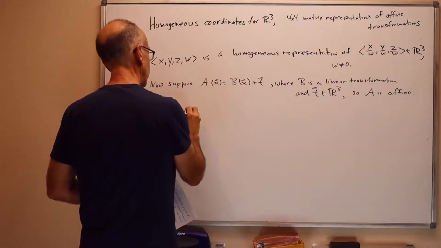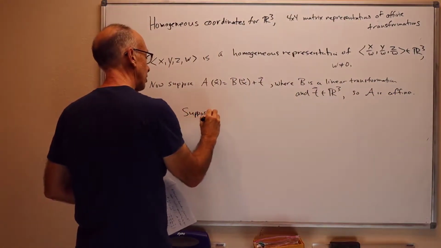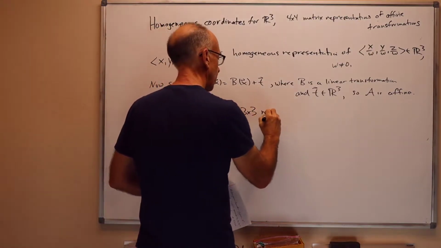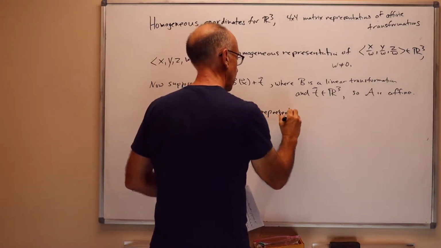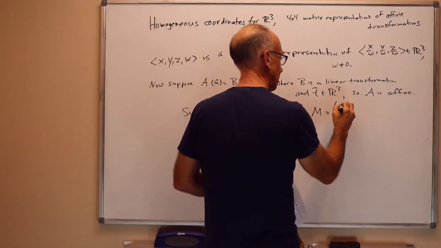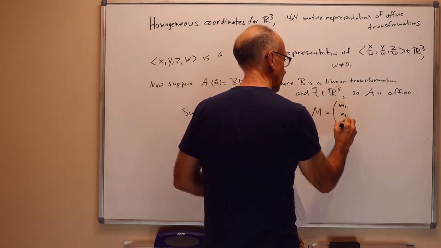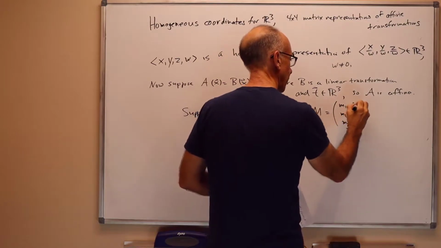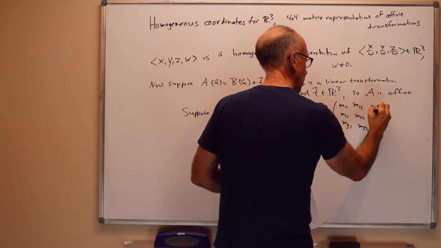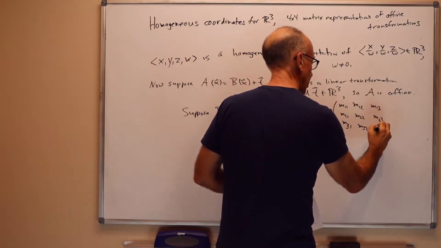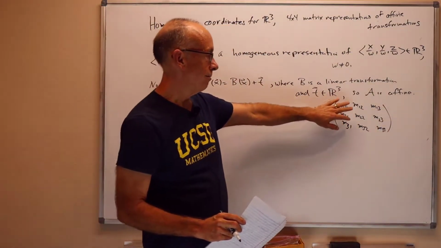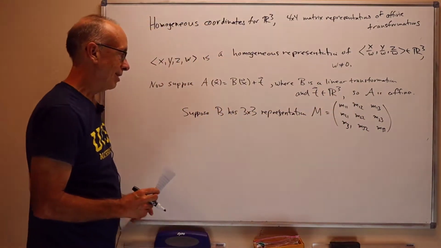And let's suppose also that B has the 3 by 3 matrix representation as a linear map of the matrix M, which is, I'll write out the entries as M11, M21, M31, M12, M22, M32, M13, M23, M33. This is the matrix I described on the previous board as U, V, and W, but I'm now just writing out with little Mij's instead.